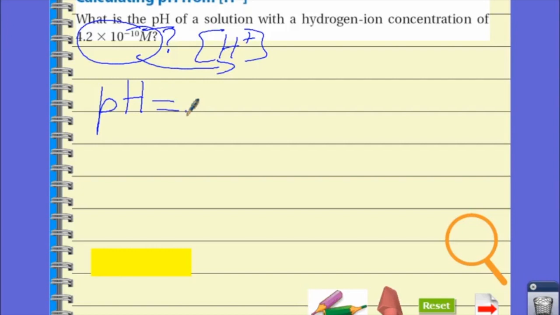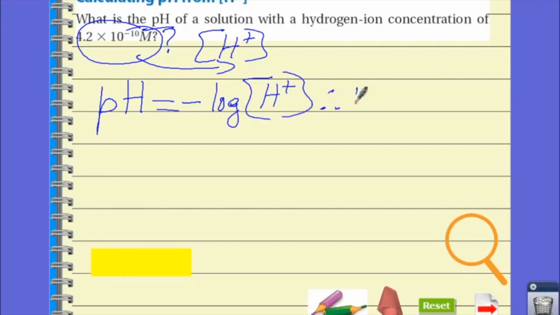What formula do I use? The negative log. You can pull out your calculators, please. pH equals the negative log of the concentration of H plus.